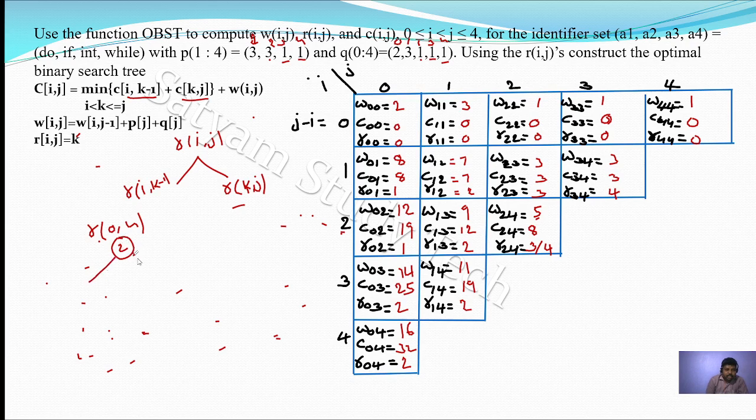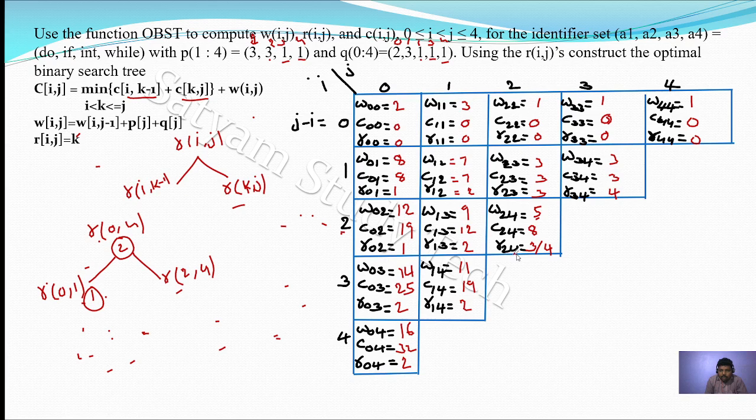Now here the R i value is 0. So k minus 1, k is 2, not 4. So 2 minus 1 is 1, R of 0 1, and you can see in the table that R of 0 1 value is 1. Here also R of k j, where k value is 2 and j value is 4, R of 2 comma 4.